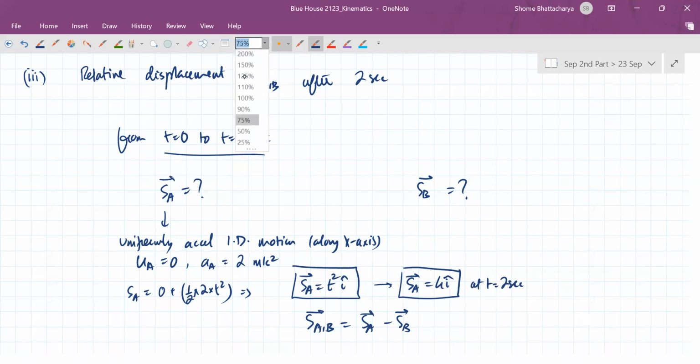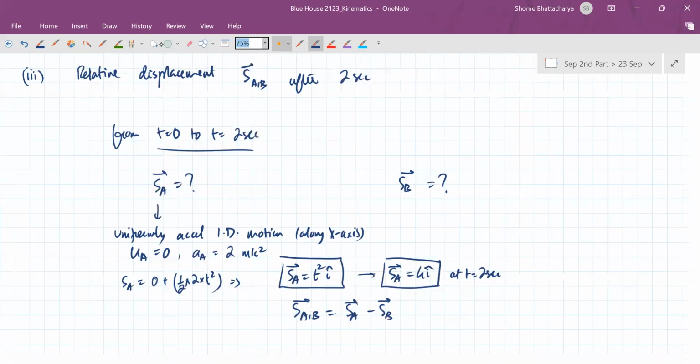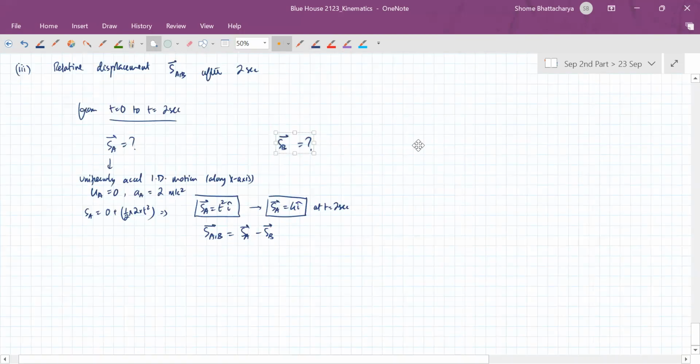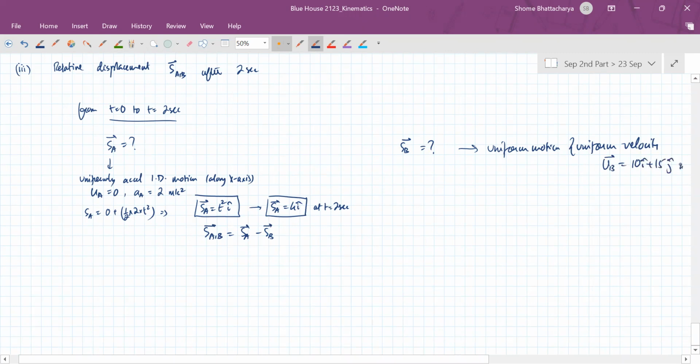Now similarly, what is B's displacement? Let's understand that. B is in uniform motion, that is uniform velocity, which was given to us as 10 i cap plus 15 j cap. So B's displacement in the ground frame should be equal to velocity into time.